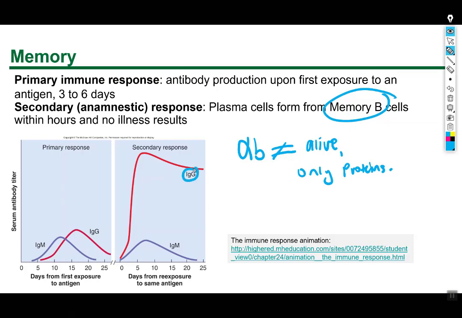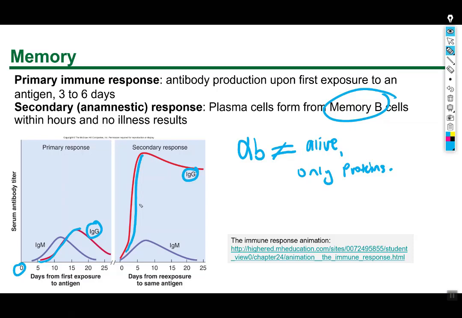So specifically, immunoglobulin Gs. In the initial or primary response, it takes over 5 days, so more like 6, for them to begin to ramp up following the initial exposure event at day 0. Over here, with the very same antigen following that initial exposure, we can see IgGs experience this exponential increase before plateauing off.